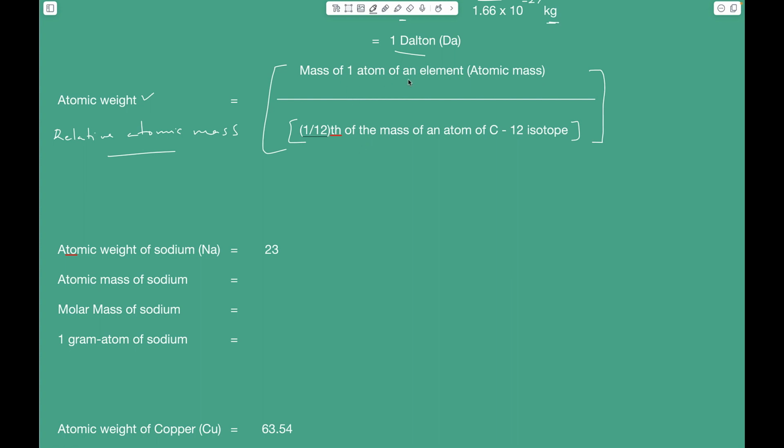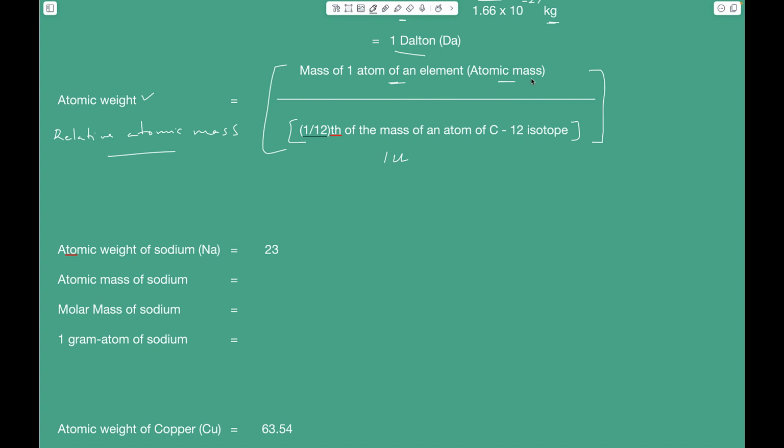And if you look at this ratio, that is what we have in the numerator here, atomic mass or mass of one atom of an element. So if you want to get the atomic mass, because we already know the atomic weight, all you have to do is multiply atomic weight with whatever we have in the denominator here. What we have in the denominator here is 1u.